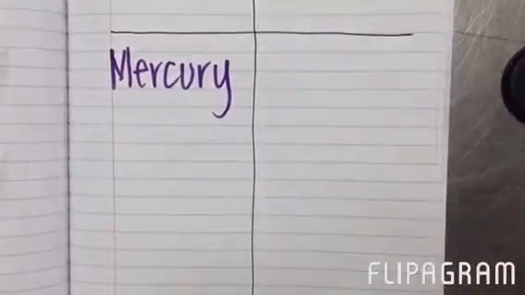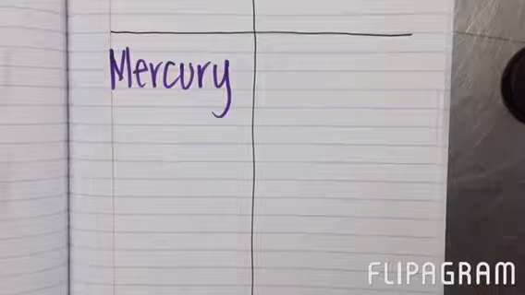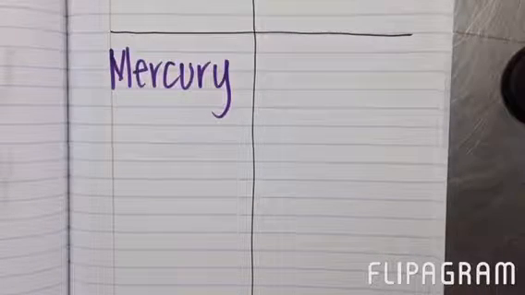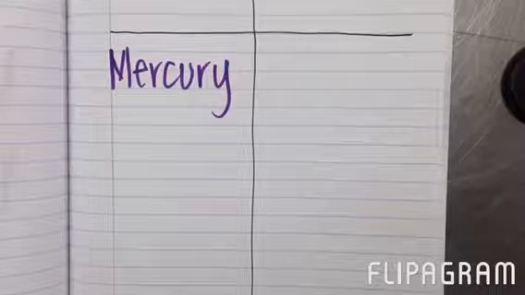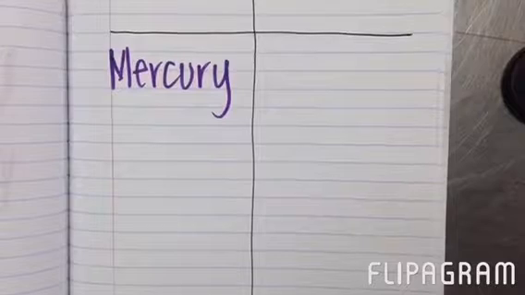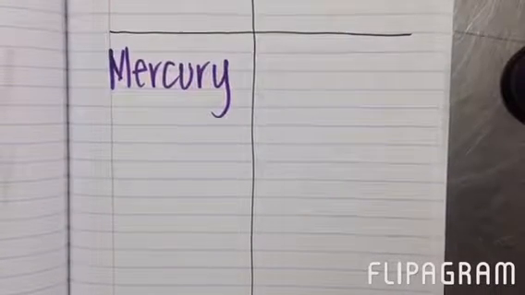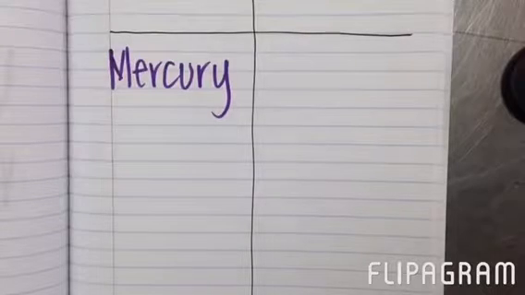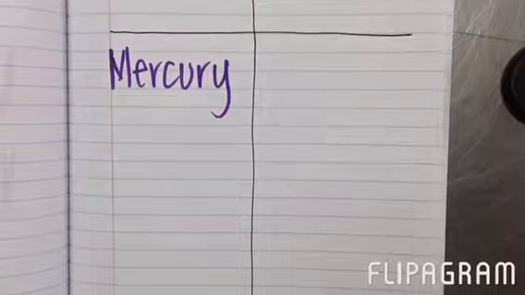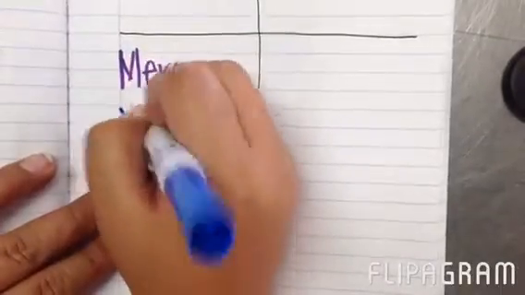Okay, that is the closest planet to the sun, which ends up having a very short revolution or orbit around the sun. So when we get to orbit and rotation and revolution, you'll understand exactly what I'm saying. So Mercury is closest to the sun, so it's going to have the shorter distance to go around the sun. Your next planet is Venus.